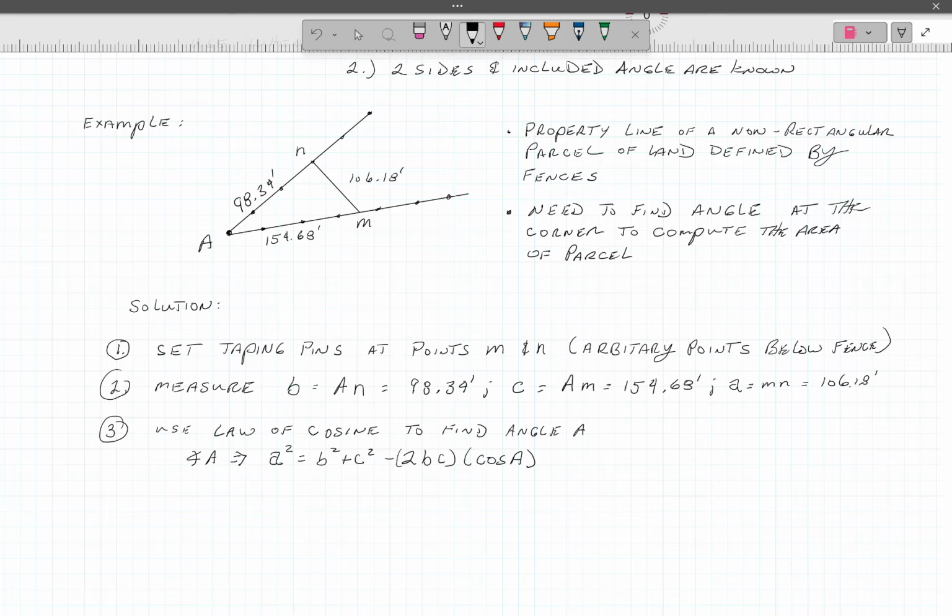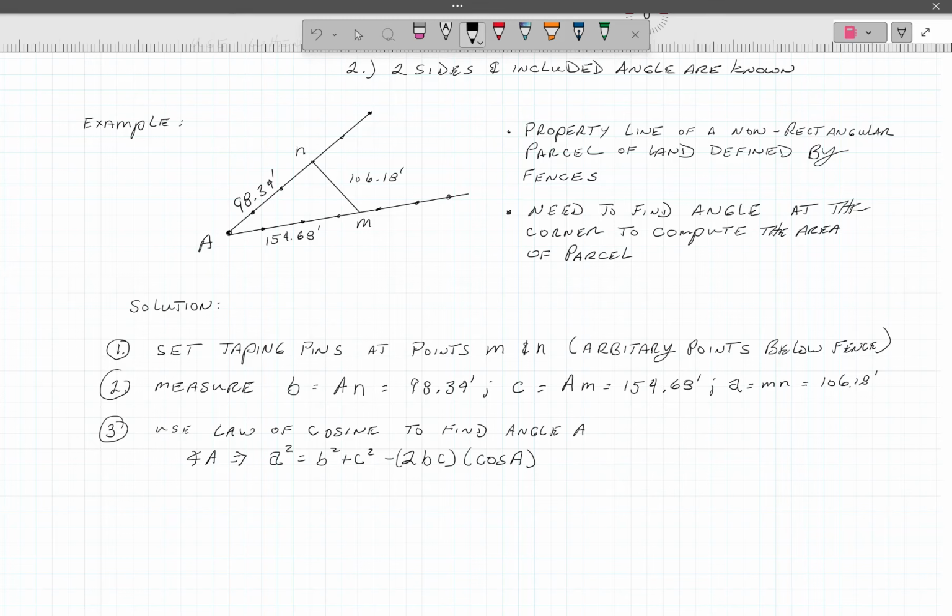So we use the tape to measure A to N, A to M, and then we went from M to N and back and forth across there.